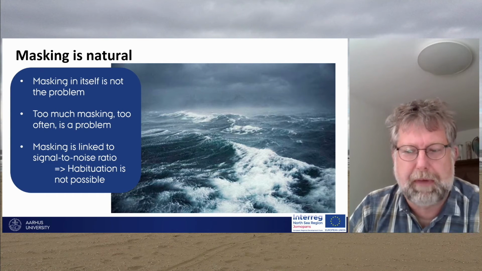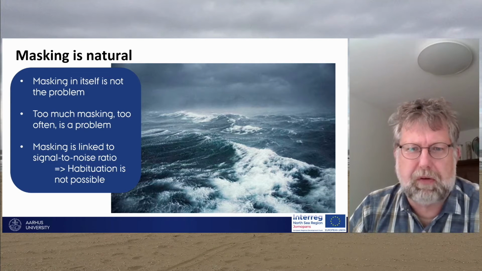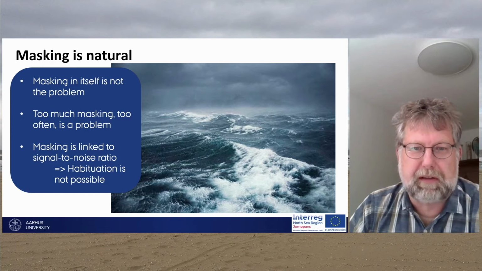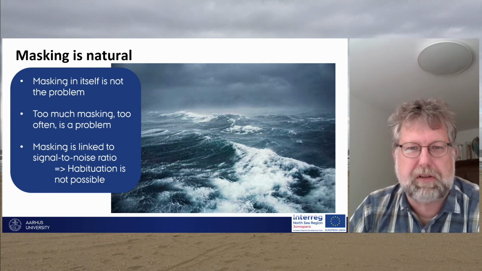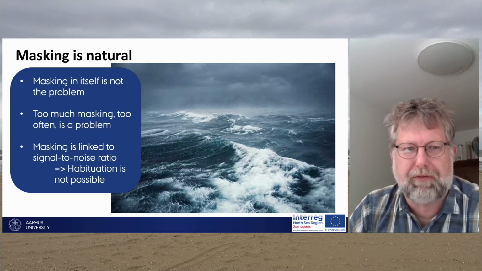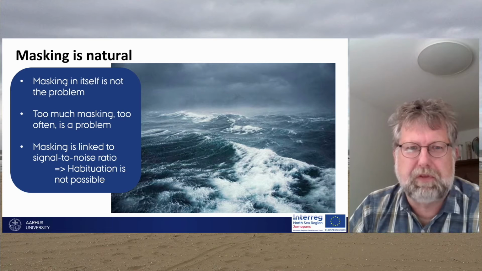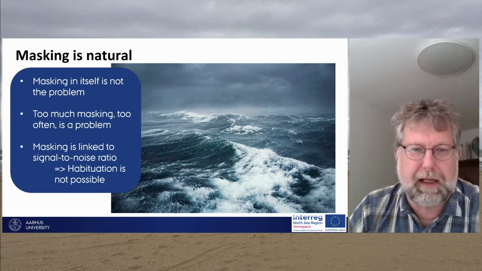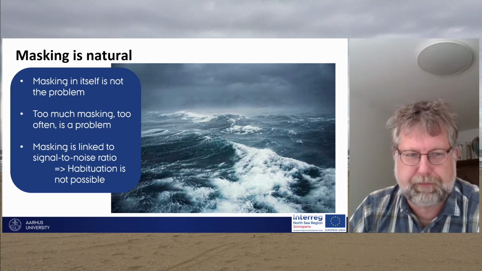Same goes for marine mammals and fish, although we know less about the mechanics of it. The ambient noise in the sea fluctuates a lot, and so the animals are accustomed to this. So masking in itself is not the problem. The problem is when there's too much masking too often. And that is what we want to quantify: when there is extra masking caused by our own activities, in this case ships.